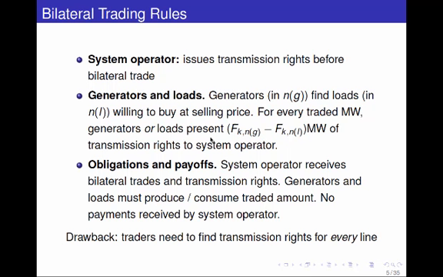So it's not enough to just put people in a room and have them make deals with each other when you have a transmission network. You also need to define a piece of paper, literally, which is a right to use a line. So if the two of us want to trade, after we agree, we also have to see how much power our trade is going to use on each of the lines.